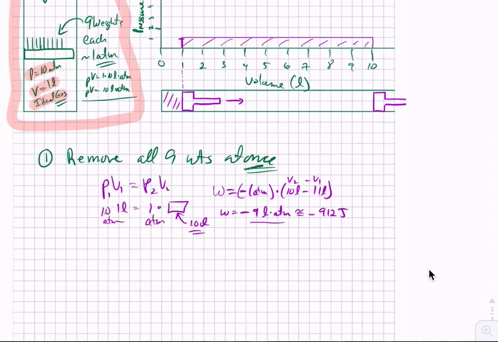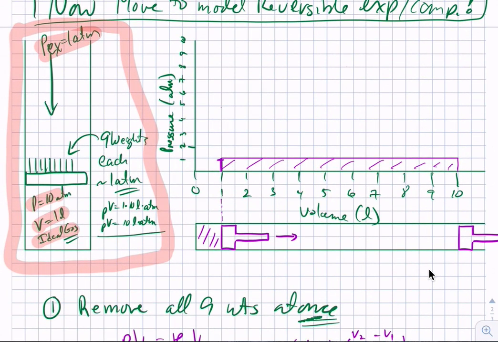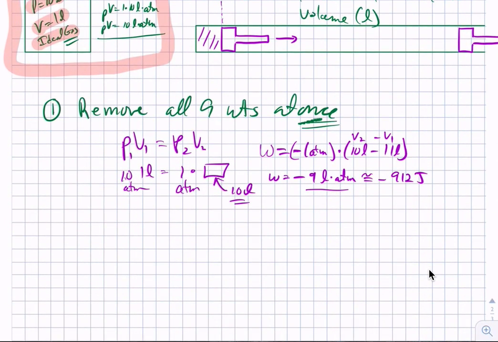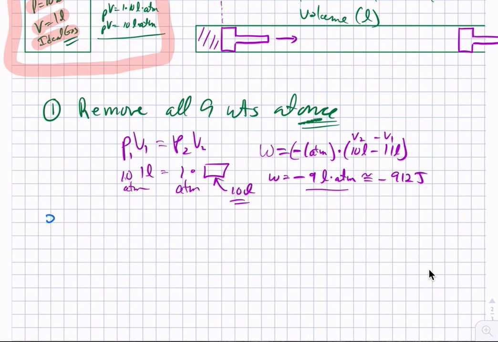Okay, so let's go back to this example. So step 1, we just take all 9 weights off at once. The work is easy to calculate, it's just that rectangle. Now let's do a second experiment. In this case, let's remove 5 weights at once.